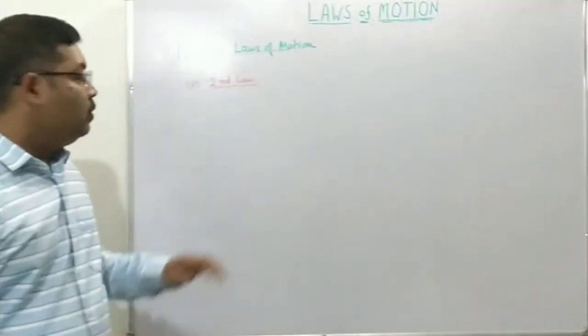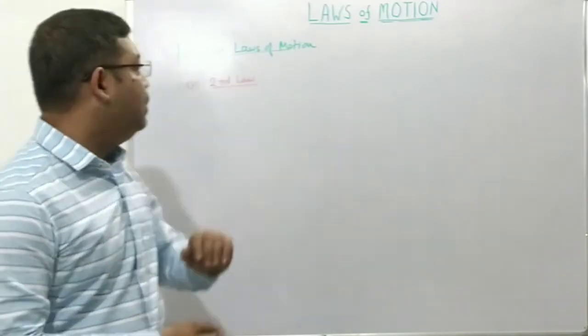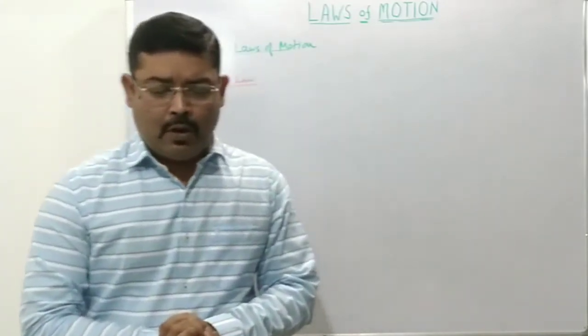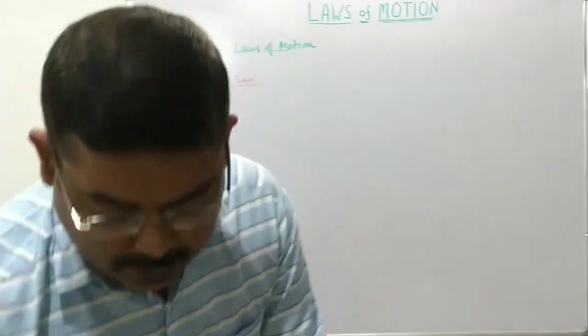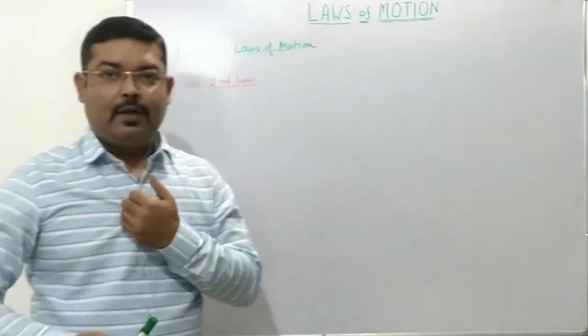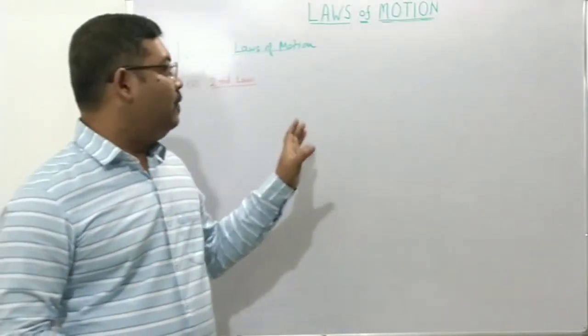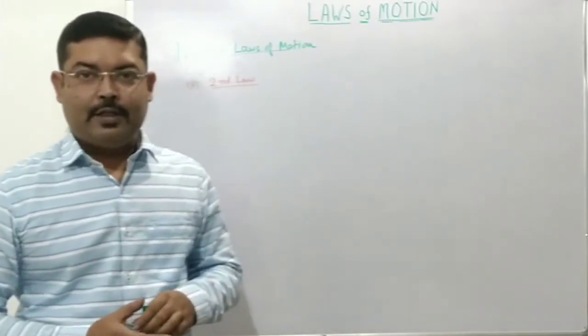Now, about the second law of motion, as propounded by Newton. What he observed is that if an external force is applied to an object or a body, its velocity changes.